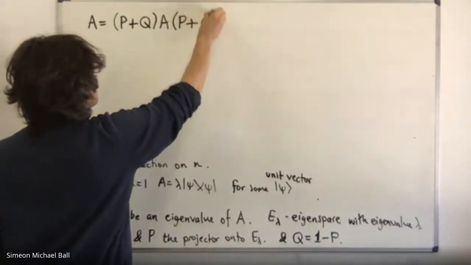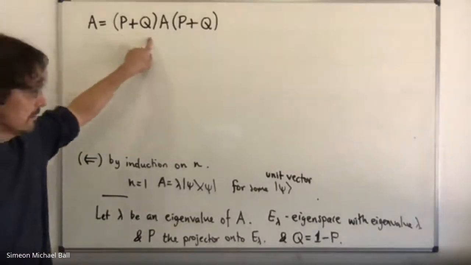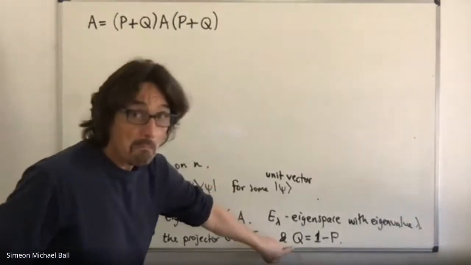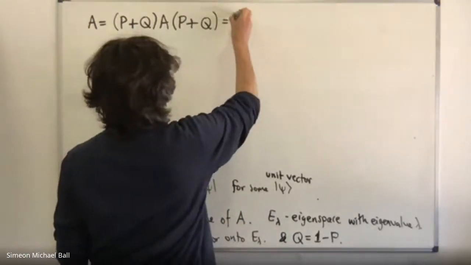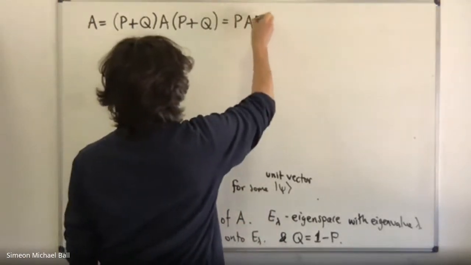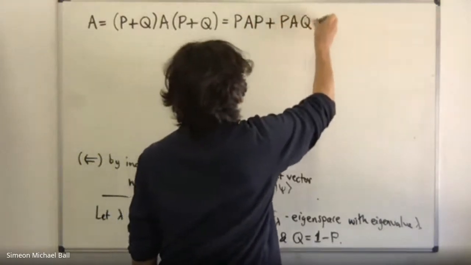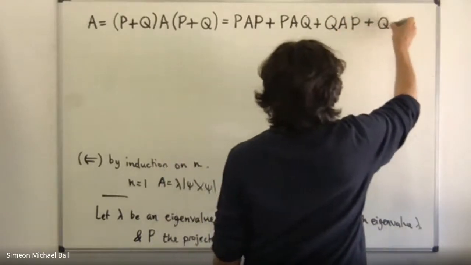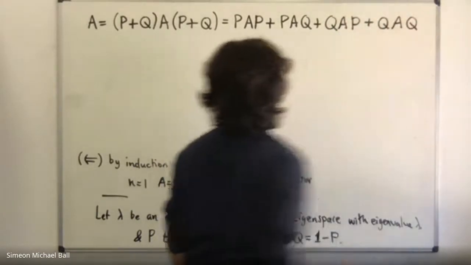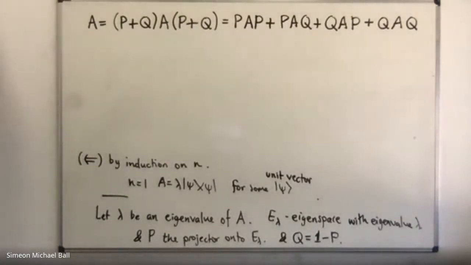Now, I haven't done much at the moment because P plus Q is just the identity, okay? And now I'm going to look at these 4 terms. And our idea will be to try and prove, firstly, that these middle 2 terms are in fact 0.